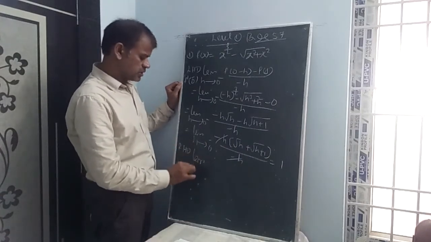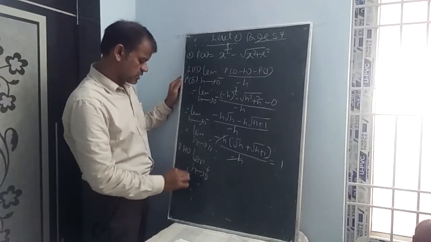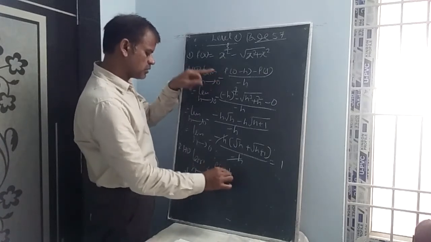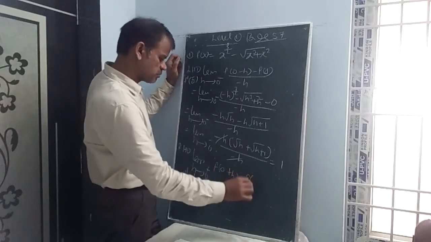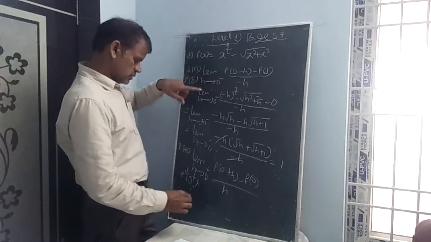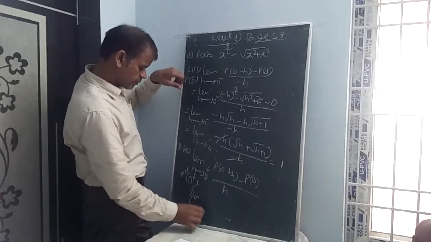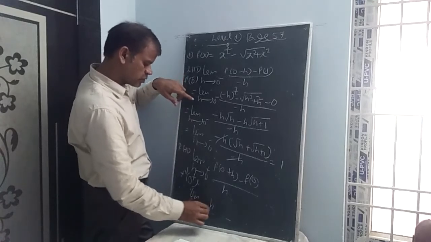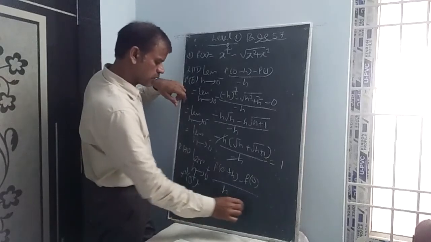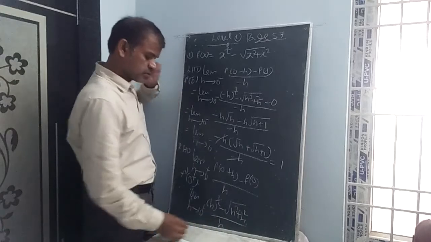RHD meaning limit h tends to 0 plus, that is f dash of 0 plus. So substitute the value: f of 0 plus h minus f of 0, whole by h. In the similar way, limit h tends to 0, h power 3 by 2 minus root of h cube plus h square, whole by h.